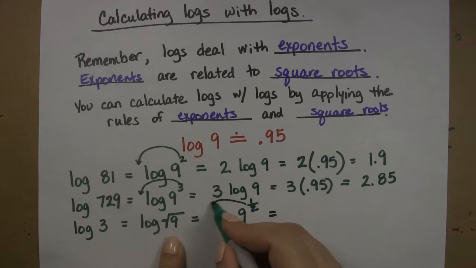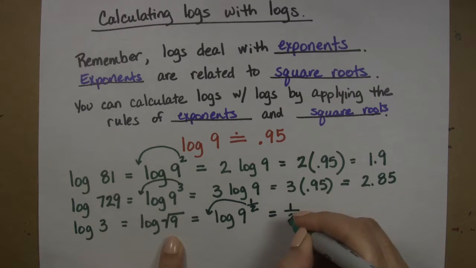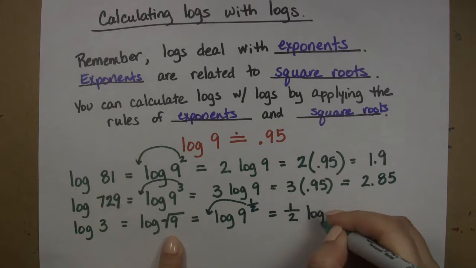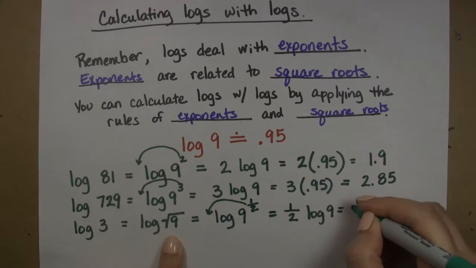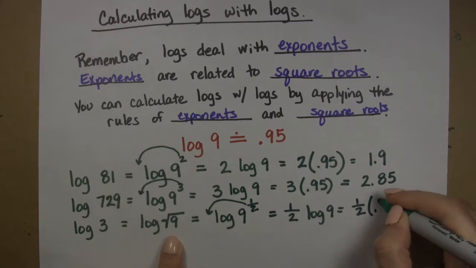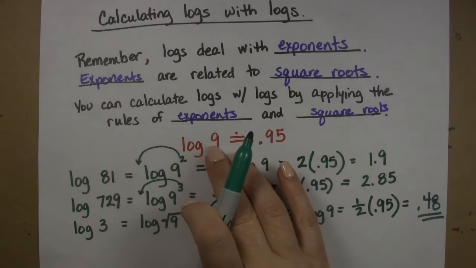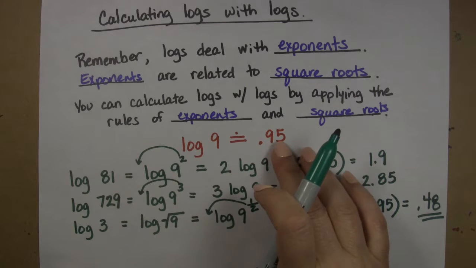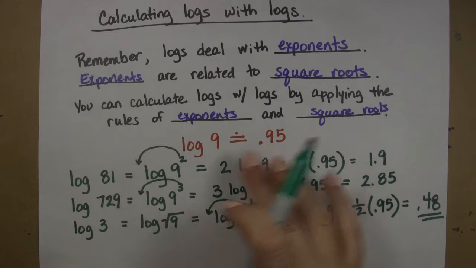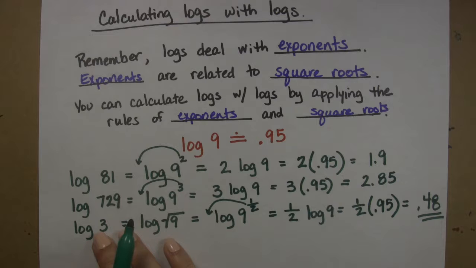And then I do the birdie rule, and so I get 1/2 times log 9, which is 1/2 times 0.95, which will give me 0.48, more or less.